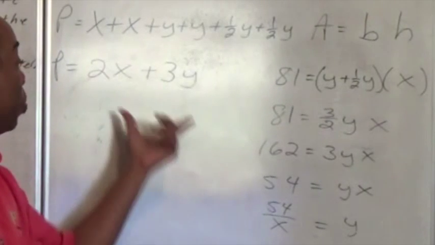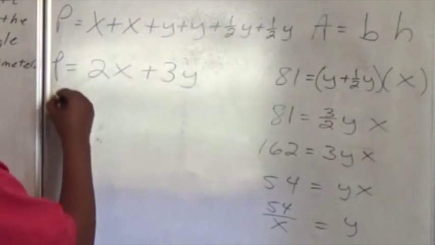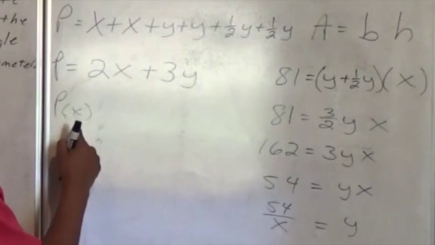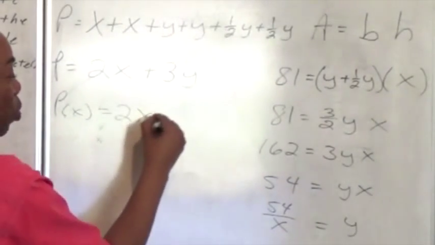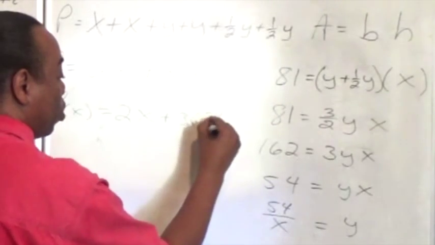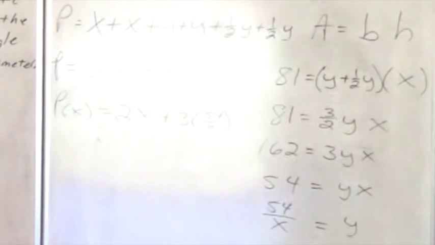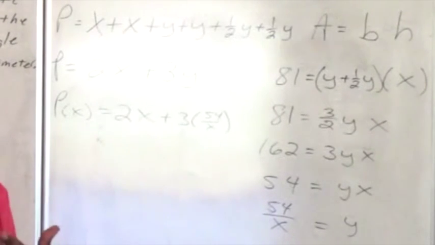Doing so will put this entire function in terms of x. So I introduce p of x, saying this is a function now of x, if now that I have 2x plus 3 times 54 over x. And this prepares me to take a derivative of this function because it's only in terms of x.